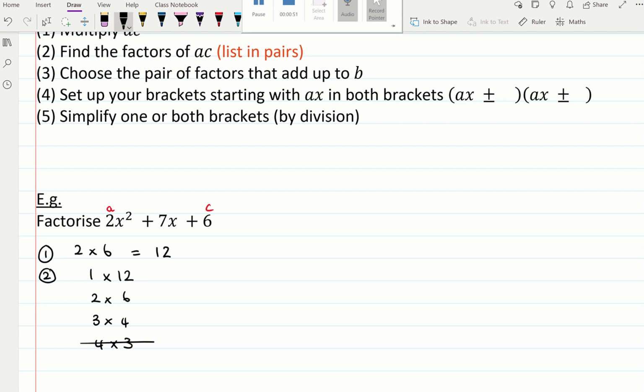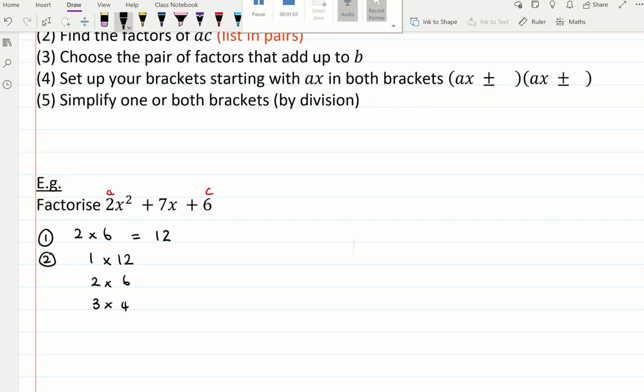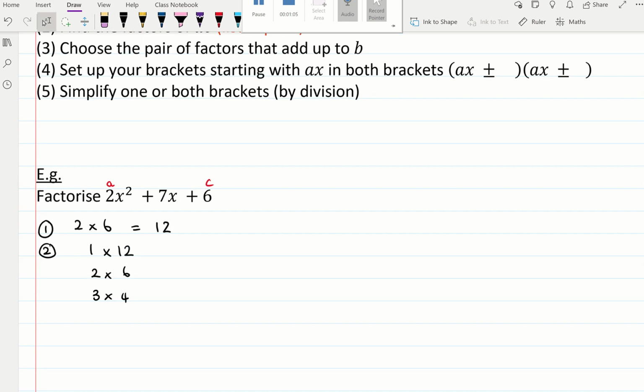I've repeated, so I stop. And then I choose the pair of factors that add up to b. b is the coefficient of x. So b is 7. I need the two numbers that add up to 7, which is 3 and 4.